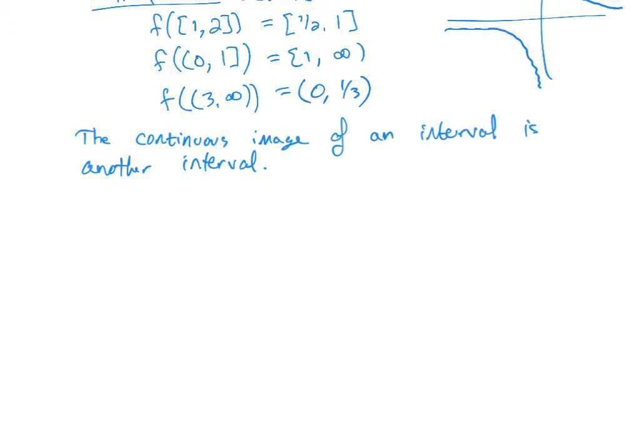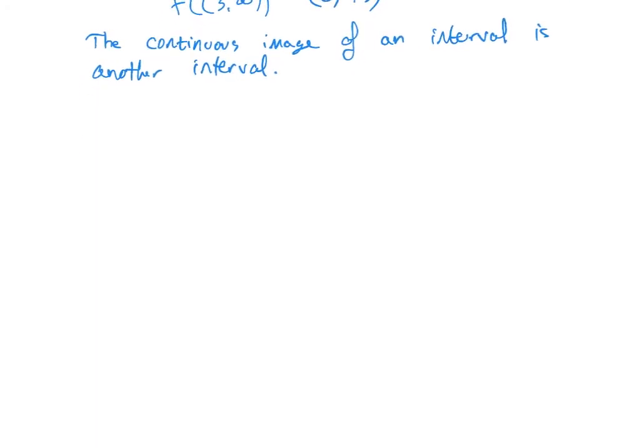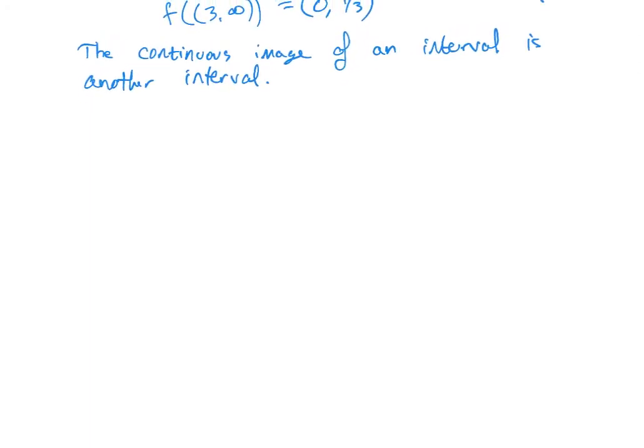Continuous image means you take a continuous function, apply it to that interval, you get another interval. But the actual theorem statement, we want to be a little bit more precise here. So let's be a little bit more precise. Let I be an interval.